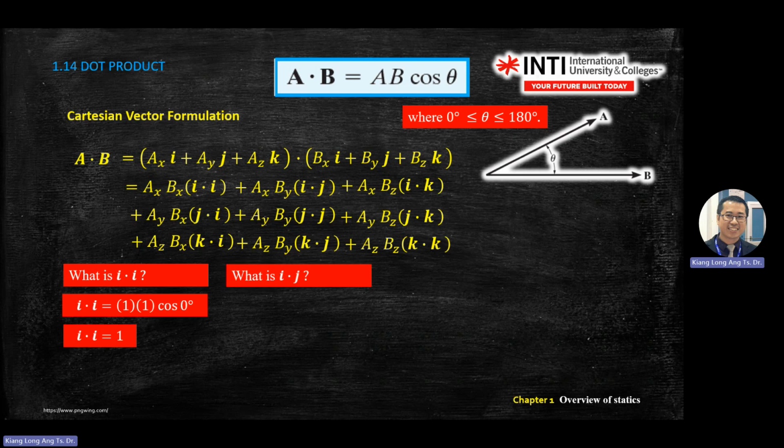i dot j. What do you get? If you refer to the formula, you write i dot j equals what? What is the magnitude of i? 1. What is the magnitude of j? 1. What is the angle between i and j?